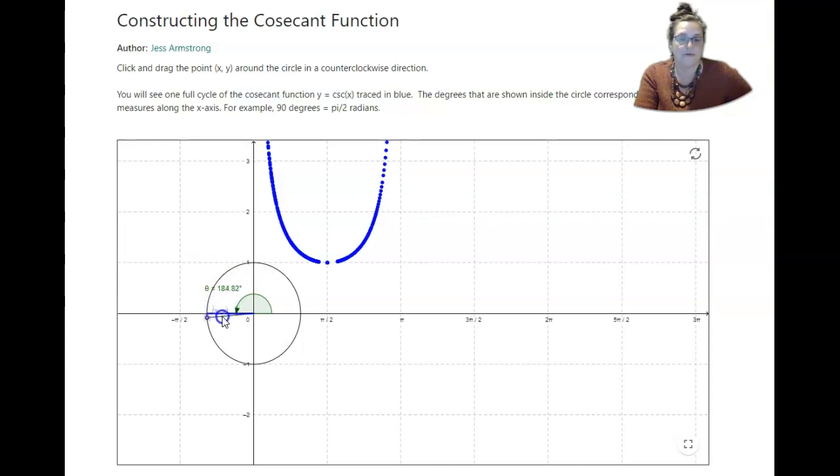Now in quadrant 3, we're coming up from the bottom, right? Notice how the direction changed between quadrants 2 and quadrant 3. And now we're going to approach our relative maximum here at 3 pi over 2, and then we're going to keep going until we get to that vertical asymptote at 2 pi. And that's one cycle of the cosecant function.